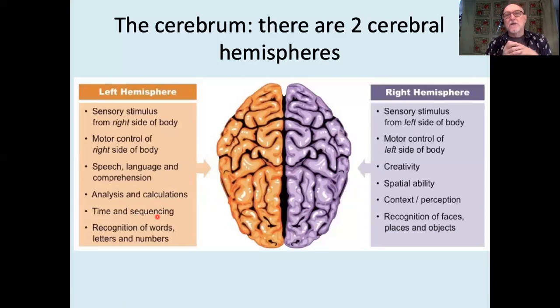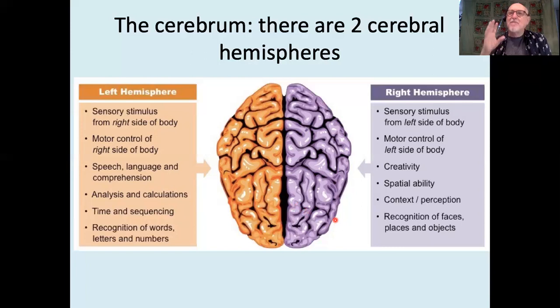Damage to the left hemisphere also seems to have a great effect on recognition of words, letters, numbers, but also recognition of faces. The right hemisphere is where our creativity lies.